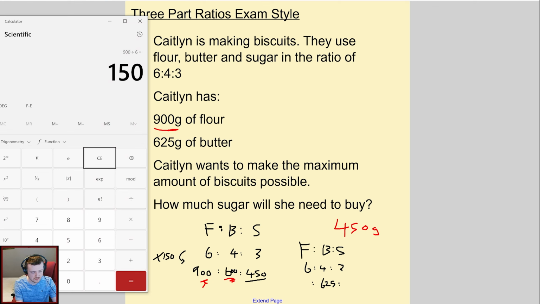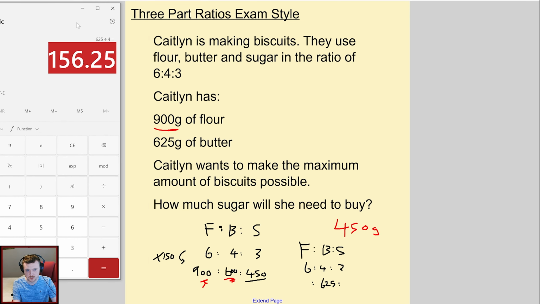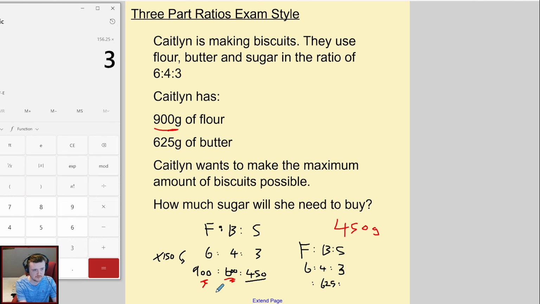I'm going to take my 625, divide it by 4. I get this nasty decimal here. Since I could only use 156.25 times as much, okay, fine. Let's multiply both the other numbers by that amount. This should be a 3. It's not very clear, 3. There we go. Let's do 156.25 times 3.